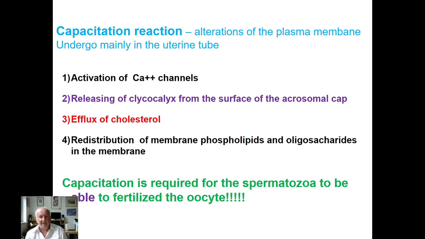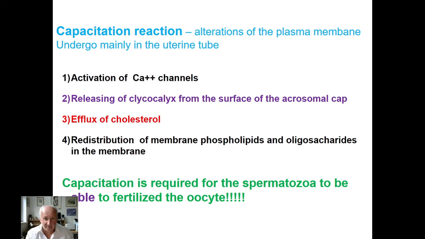Capacitation starts in the uterus, but mainly runs in the uterine tube. Because in this long uterine tube, around 8 centimeters, the spermatozoa are swimming till the oocyte for around 8 hours.